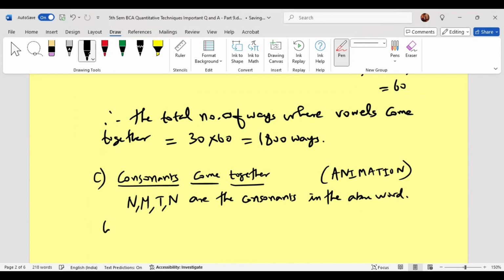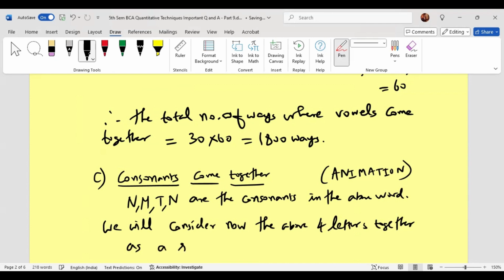So we will consider now the above 4 letters together as a single letter, say beta.